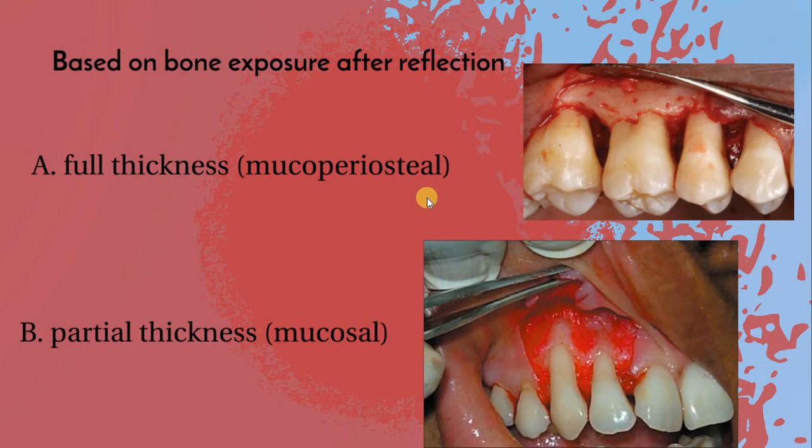So in these cases, we need a partial thickness flap. While in case of a connective tissue graft, we should do a full thickness flap, put in the connective tissue and apply the flap in its position.